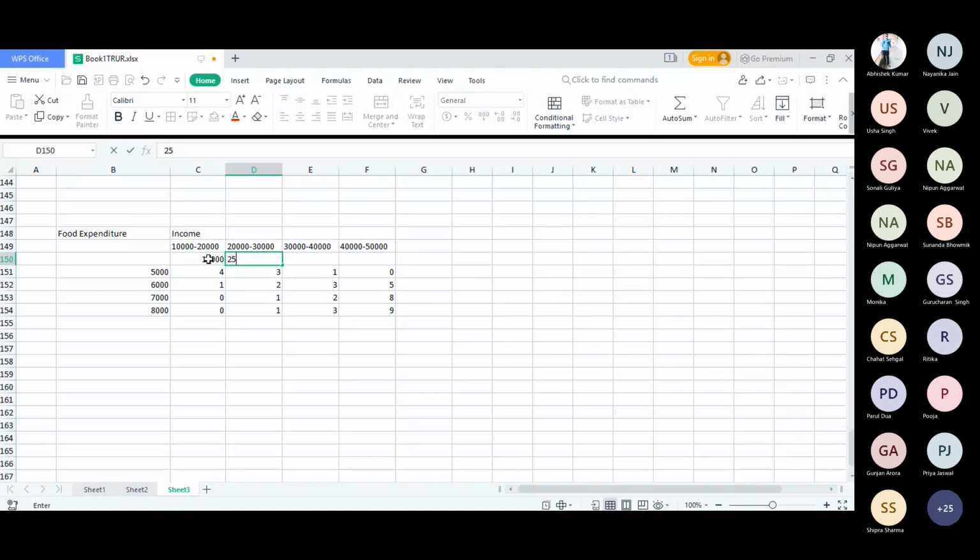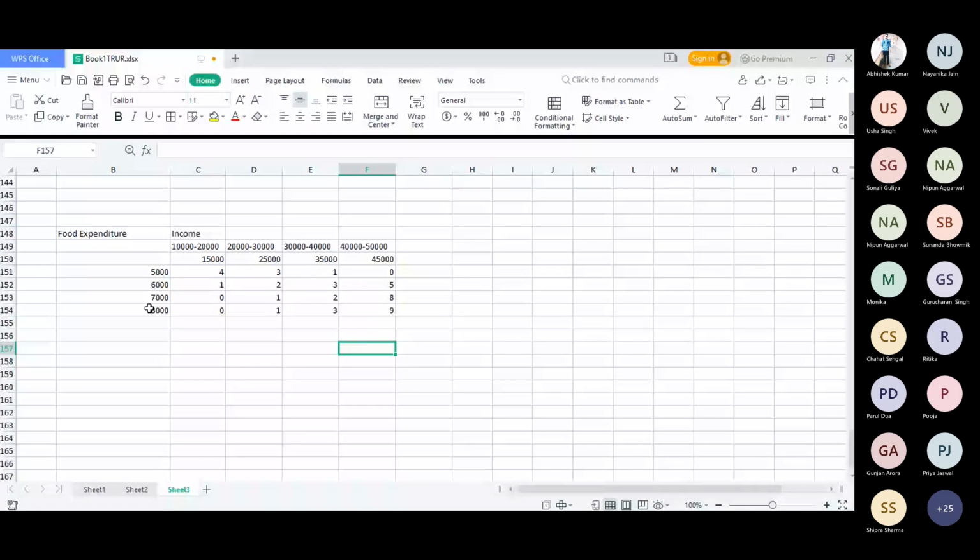Then you have 25,000, then 35,000, and then 45,000. So this becomes your M, which you have to use, that is MX. So these are your MX values, and MY values are just 5,000, 6,000, 7,000, 8,000. So this will be your X and this will be your Y.